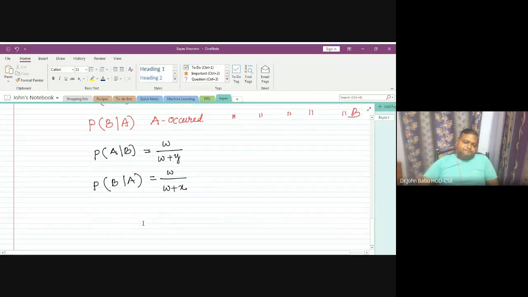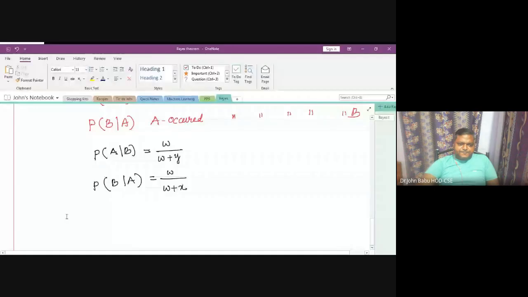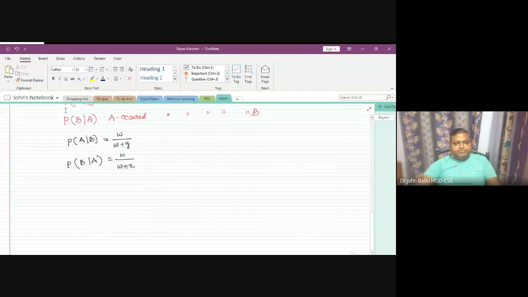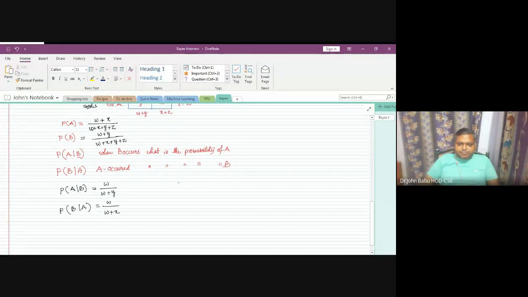Now, if you see probability of A into probability of B given A. Let me zoom in. So now I want to calculate probability of A into probability of B given A. What is the value?